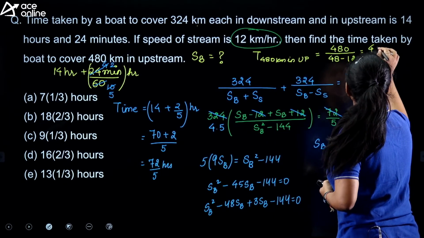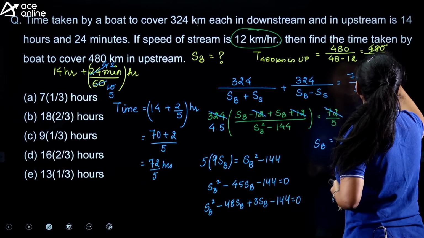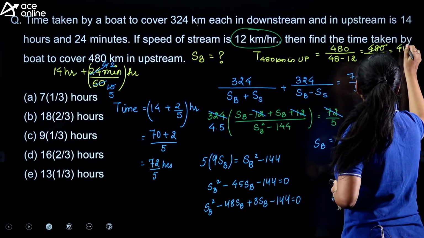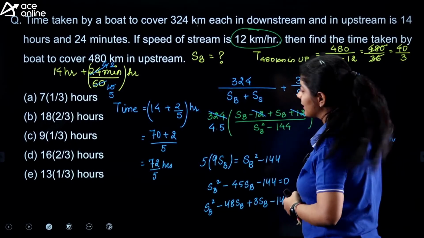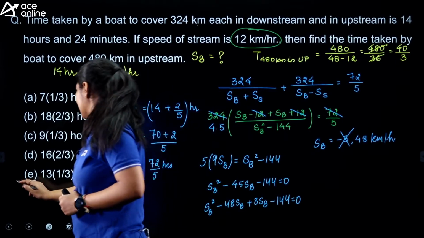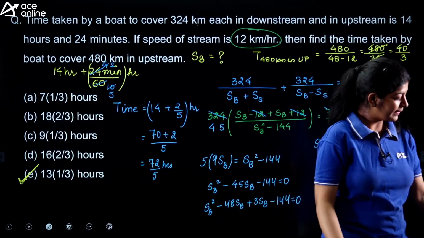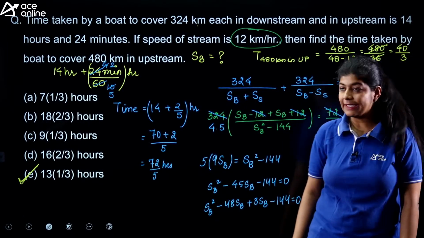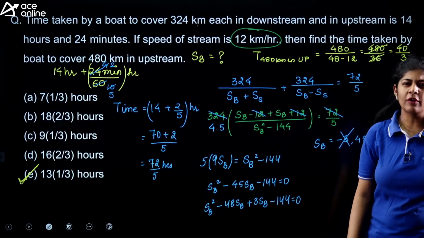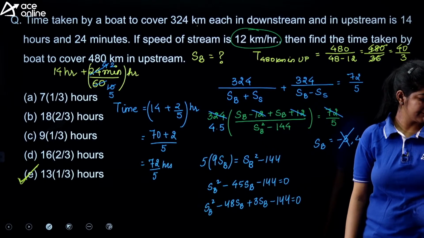So 480 by 36, and with the help of 12 we can write it as 40 over 3. So it is 13 1 by 3 hours. Option number E is the correct one. The correct answer that we got here is option E, 40 upon 3, or we can also write it as 13 1 by 3 hours, right?